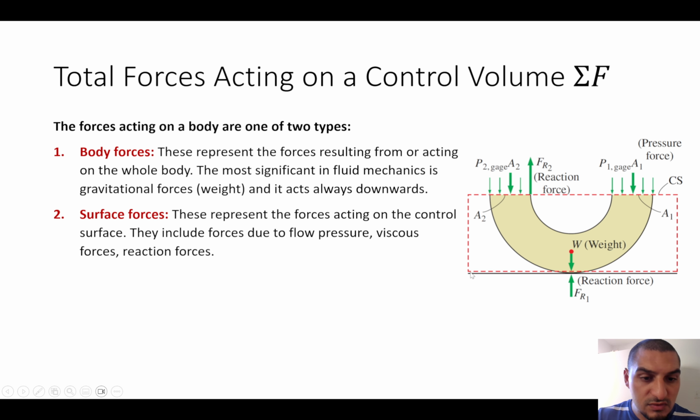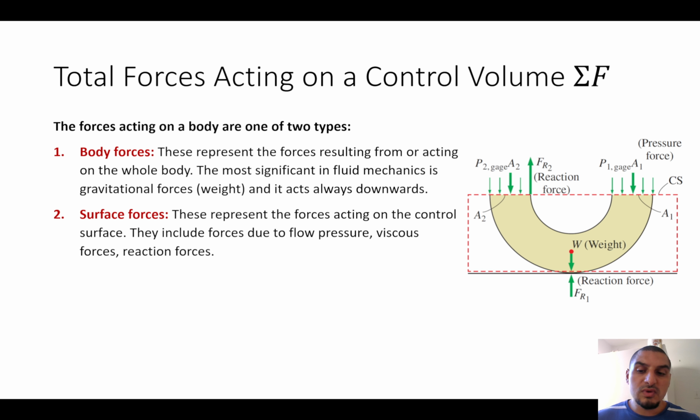If this is our system and this is the control volume, we mean the forces acting on the red dashed line. So they don't act on the inner components of the control volume. They act on the outer surface of the control volume.